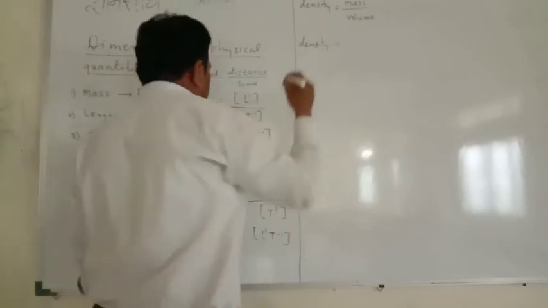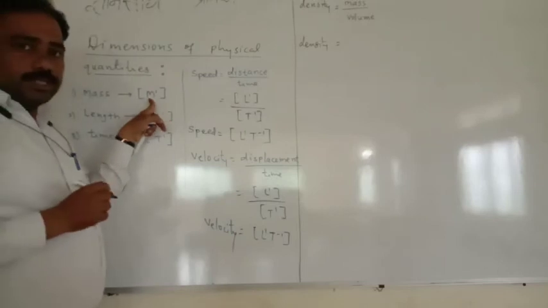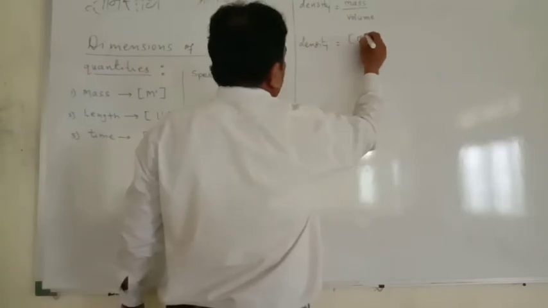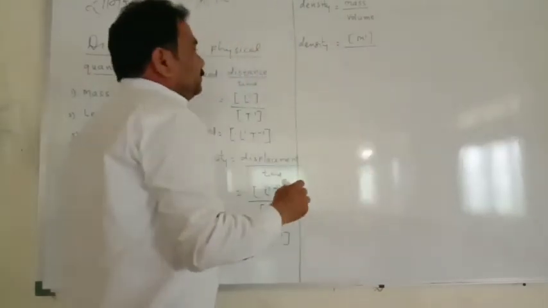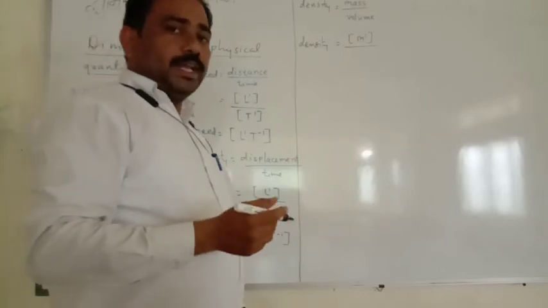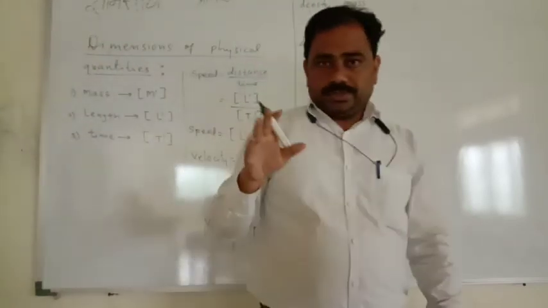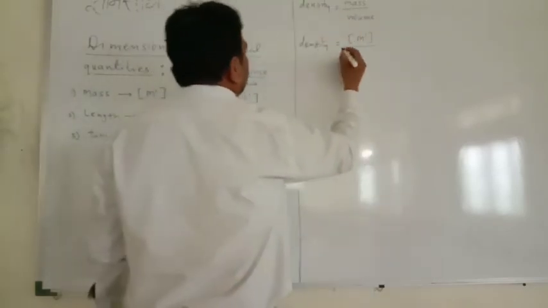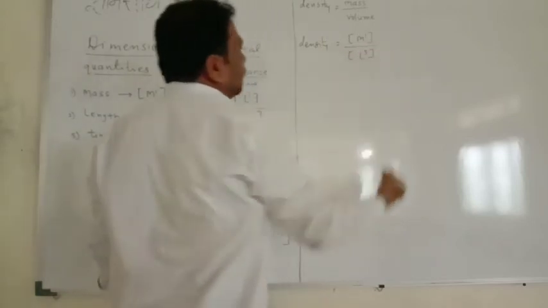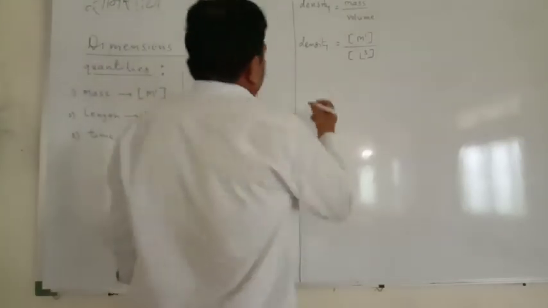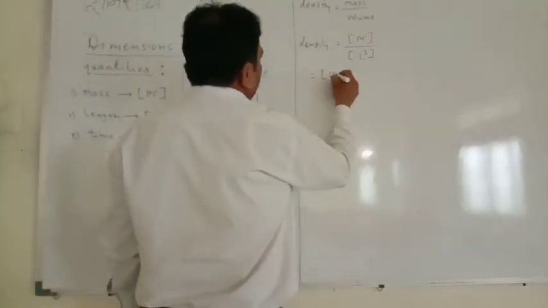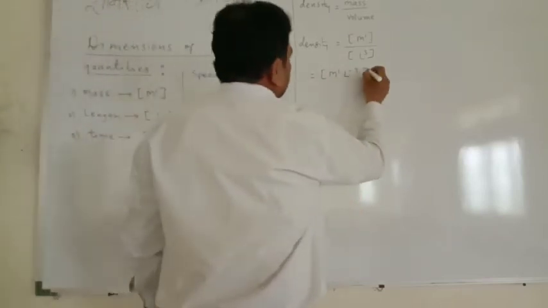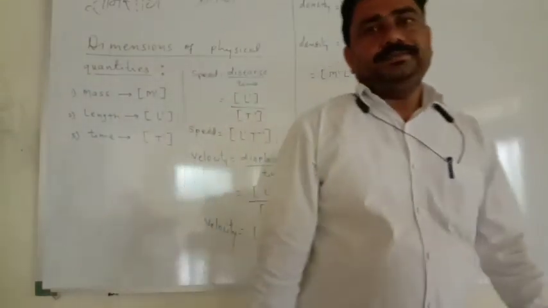For mass we apply M1. For volume, which we calculated in previous videos, the dimension is L times B times H, that is L3. So density is M1 into L to the power minus 3. This is the dimension for density.